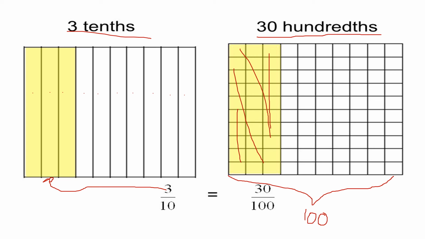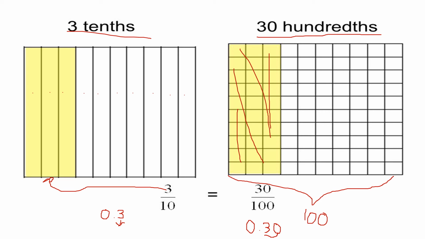If we are going to write this one in decimal, that is 0.30. Okay, and if we're going to write 3 tenths in decimal, it's 0.3. Understand? So 3 is in the tens place, 30 is in the hundreds place.